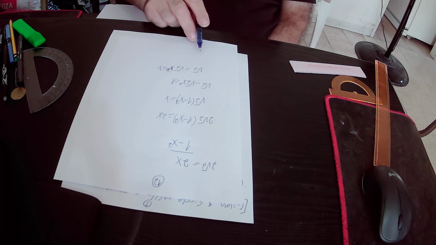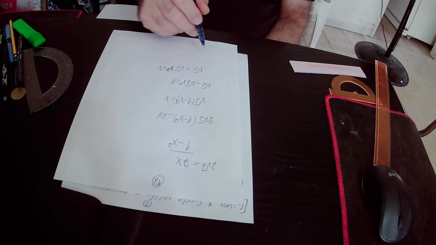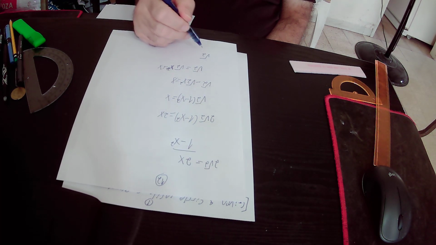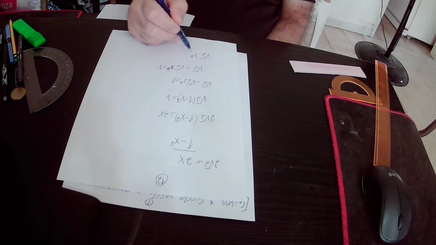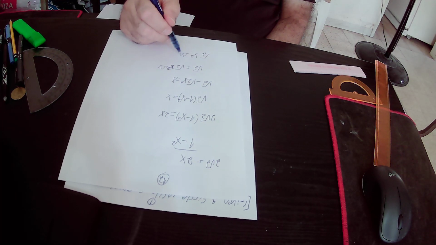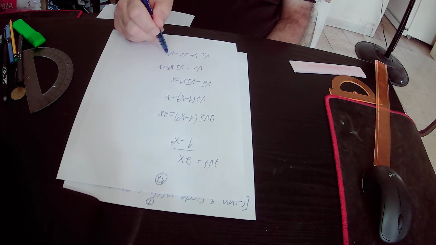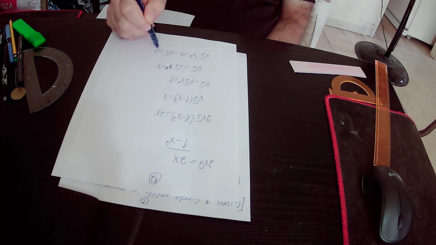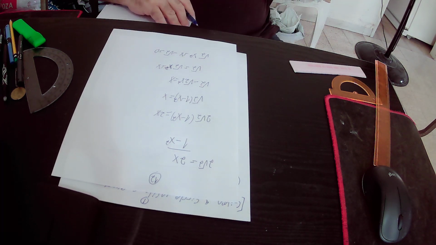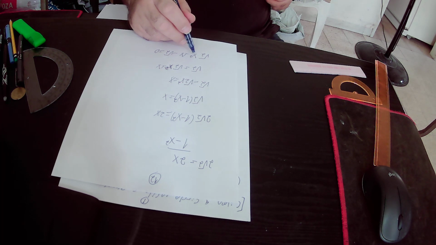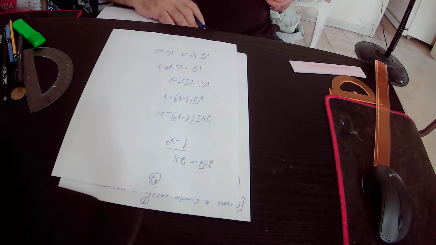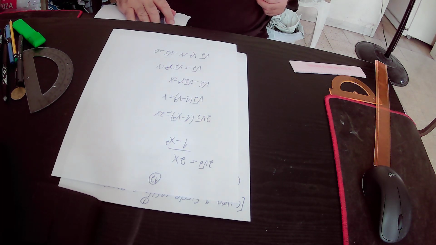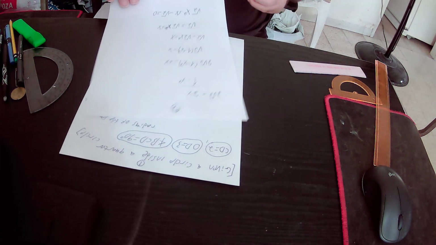Here we will subtract root 2 from this equality, and we will get the quadratic equation root 2 x squared plus x minus root 2 equals 0. Okay, so we have here a quadratic equation.